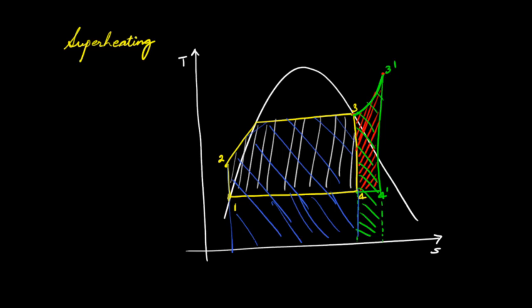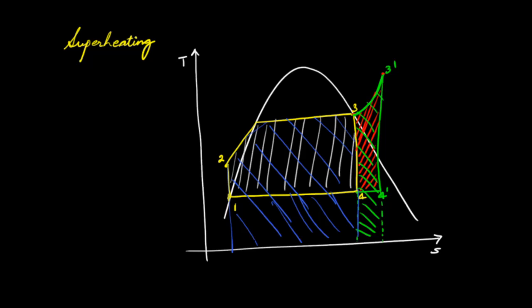So what that means is that upon superheating, the efficiency increases because now the relative increase in work is more than the increase in the heat that is required for superheating, and hence the efficiency also increases due to superheating.